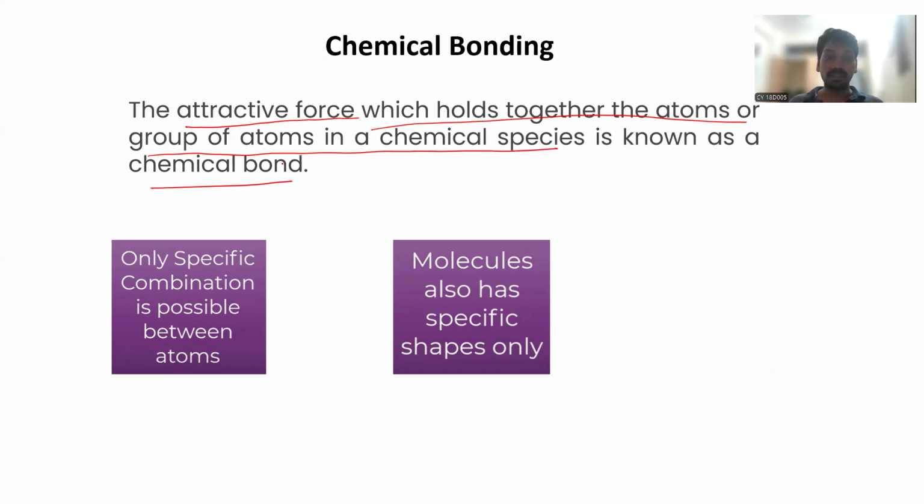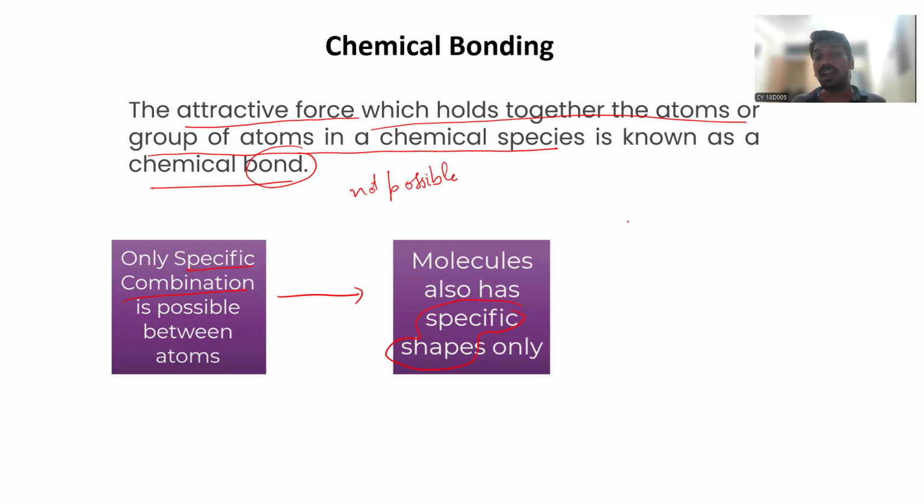But this bond formation is not possible under every condition. There are some specific combinations of atoms which result in bond formation, and that results in a molecule with specific shapes.